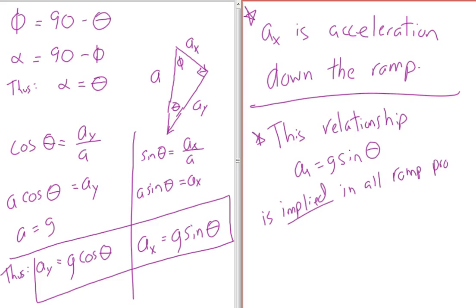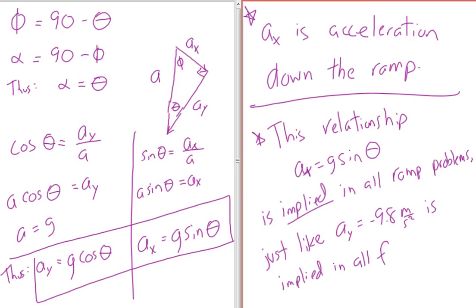So they're never going to say, oh, and the acceleration is equal to g sine theta. This is something that you're going to be expected to know. Just like in every single free fall problem, you're expected to know that the acceleration in the vertical direction is negative 9.8 meters per second squared if you're on Earth. And so that's implied in both of those situations.